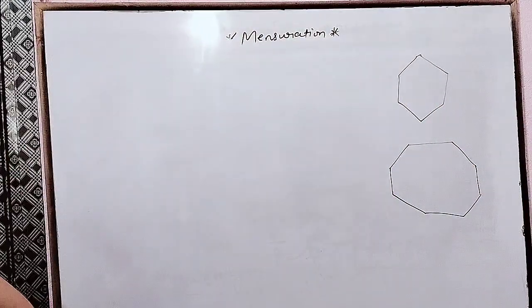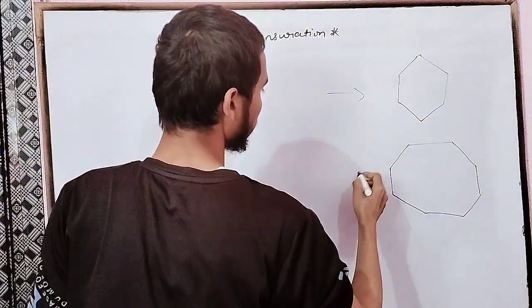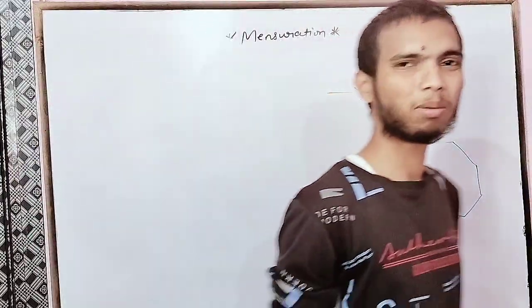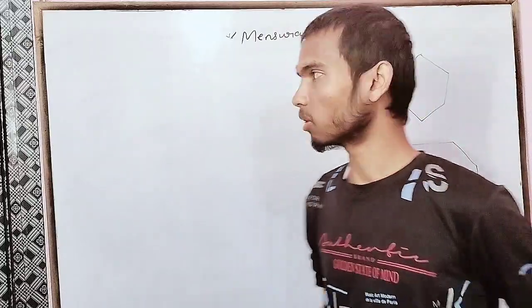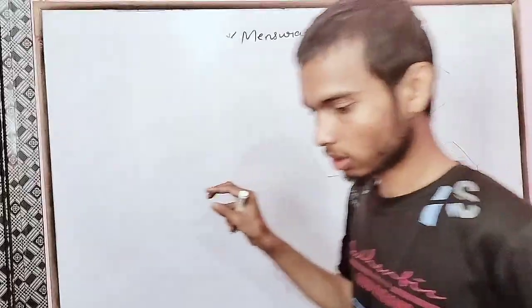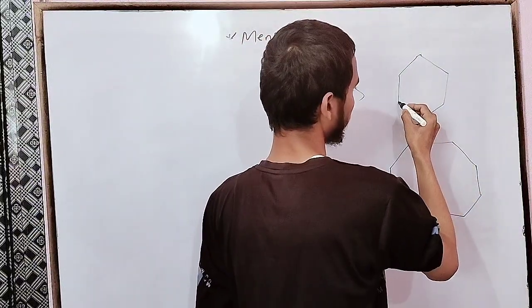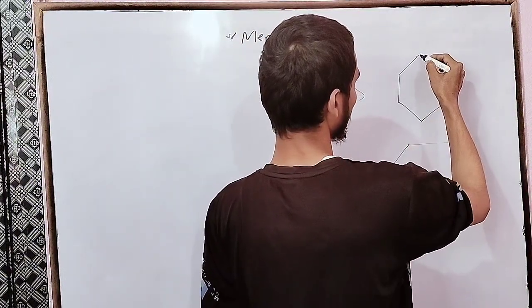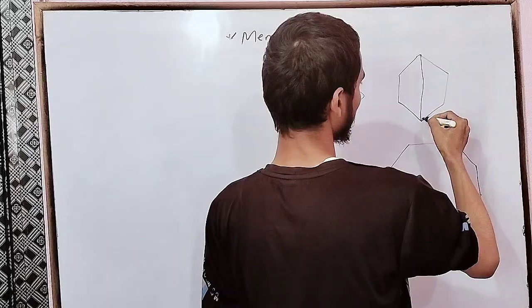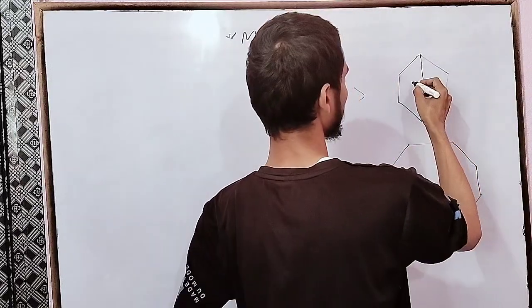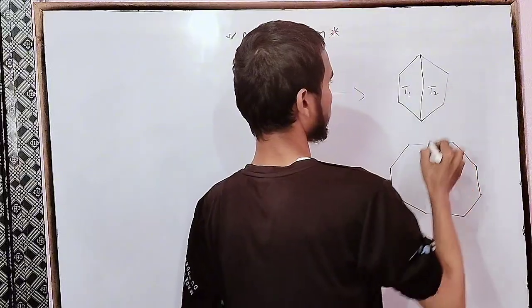To find the area of this polygon, what would be the steps? Here we need to observe what the figure is. We will divide it. We have one trapezium here. This is one trapezium and this is the second trapezium.